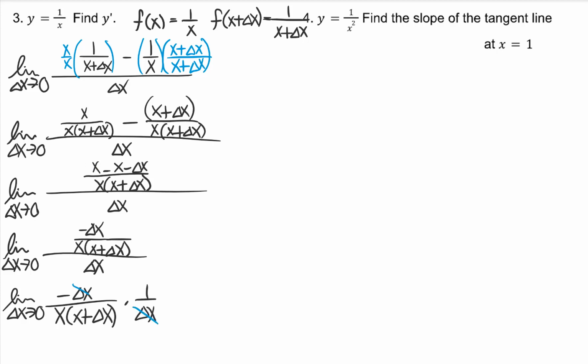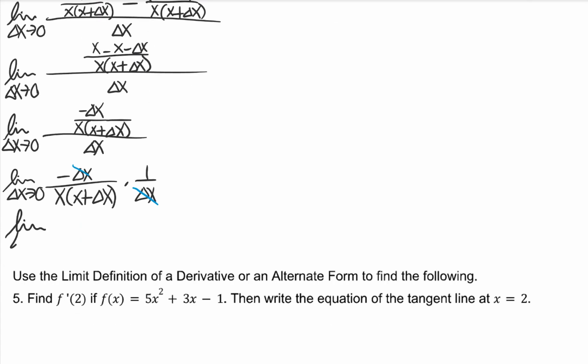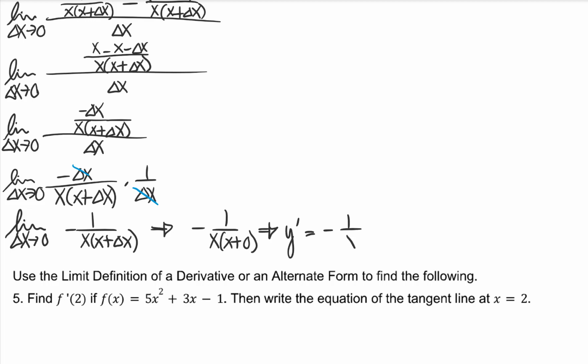So we can reduce our delta x's. And finally, direct substitute. y prime equals negative 1 over x squared.